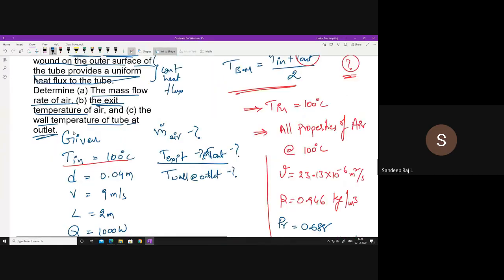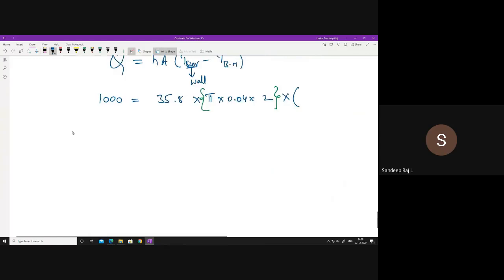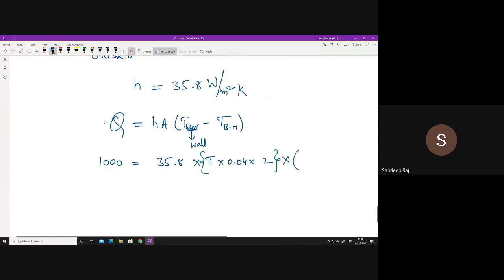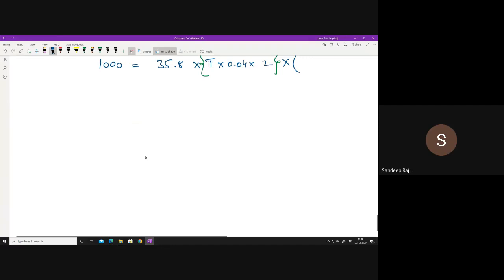You have to plug in. Before I come to this Q is equal to H delta T, I have to do Q is equal to m dot Cp delta T, that is, higher minus lower.